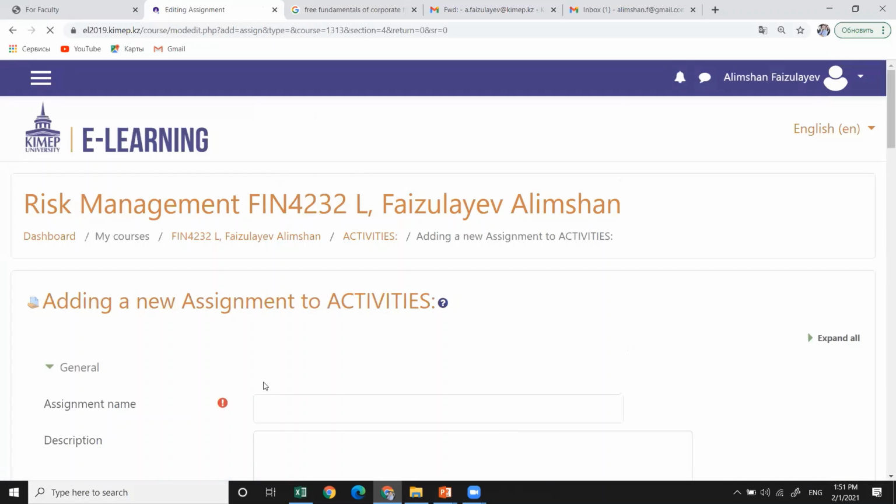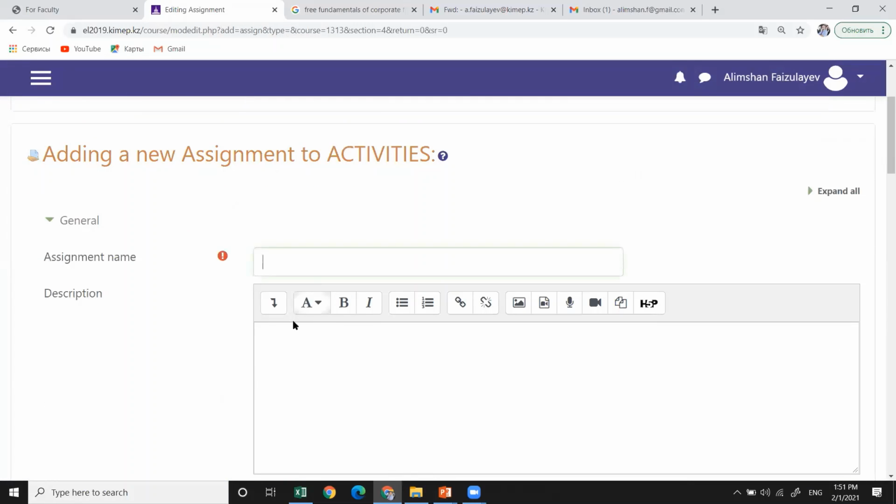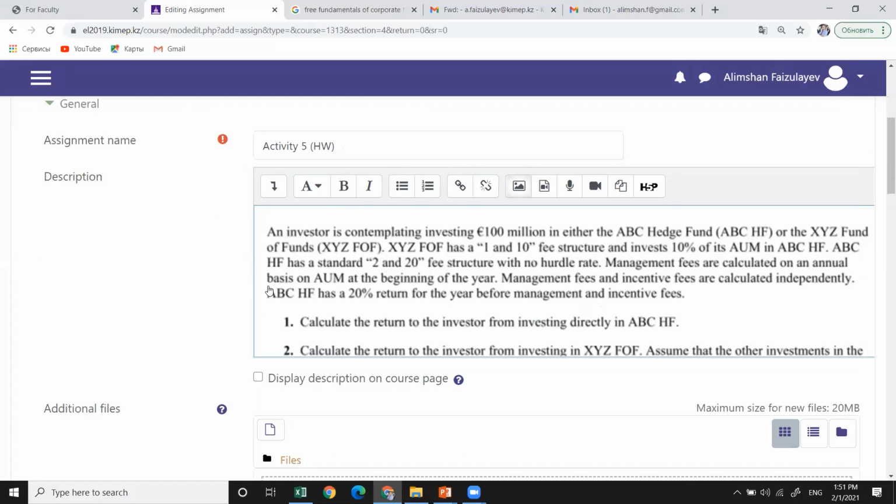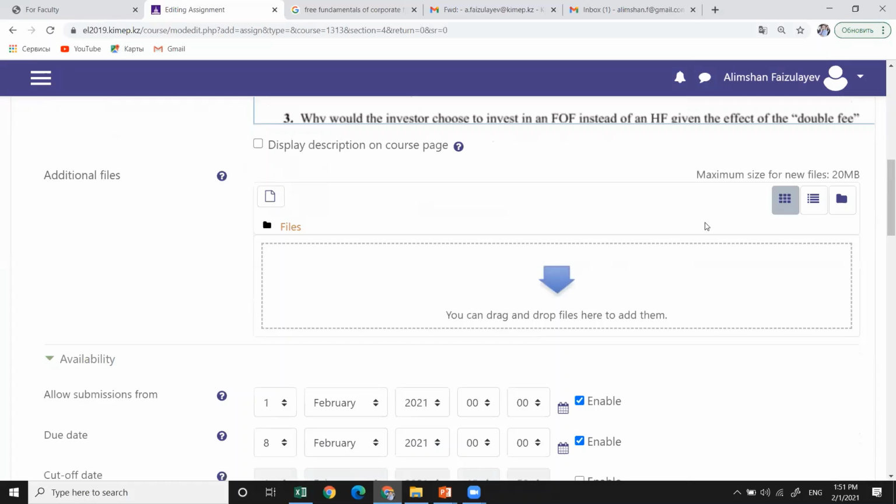I'm going to upload an Excel file to the Moodle. You can get help from it. Activity 5, which is homework. Let me put it like this, HW. The question is here.